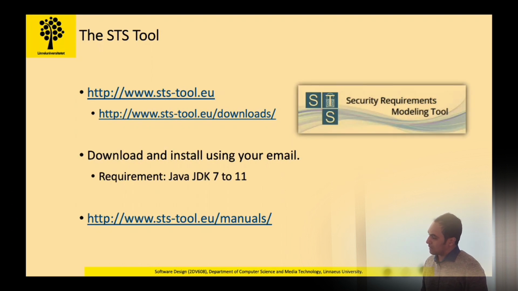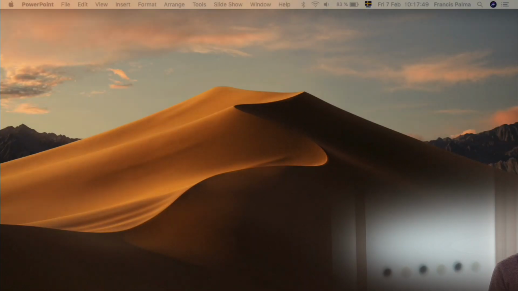For those online who did not finish the installation, you can go to this link and try to install during the first half of the lecture. Then we can play with the tool after the break.